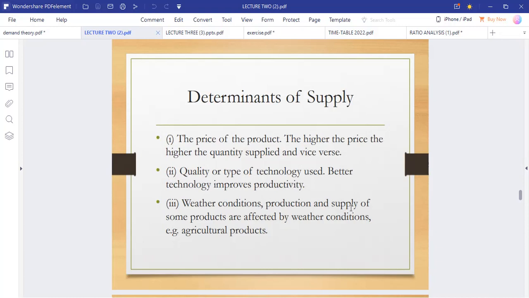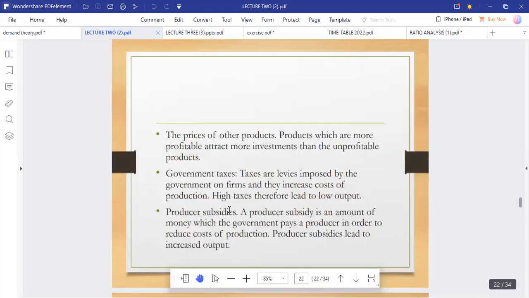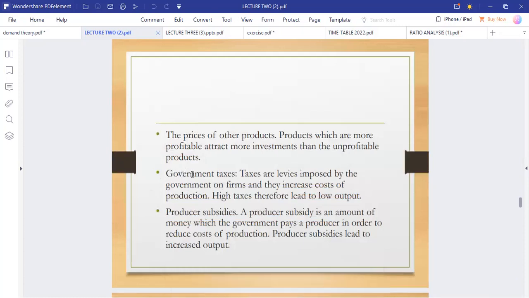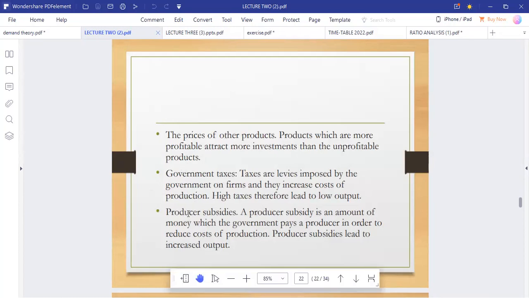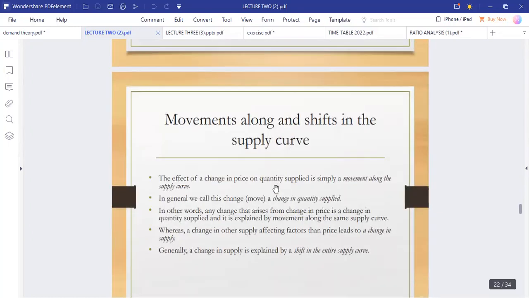The supply of some products is affected by weather conditions, so you need to also look at that. The other issues are government taxes. If there are high taxes, you will supply less. If there are producer subsidies, you produce more. And the price of other goods, like substitute goods and complementary goods, are very important in supply.